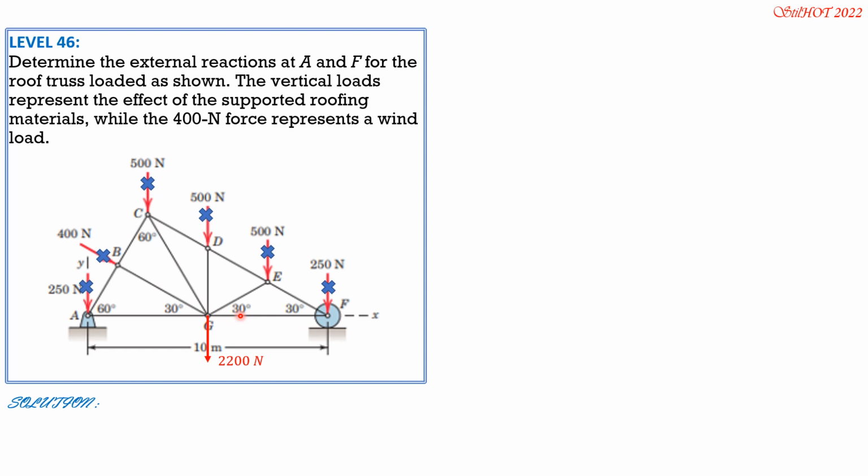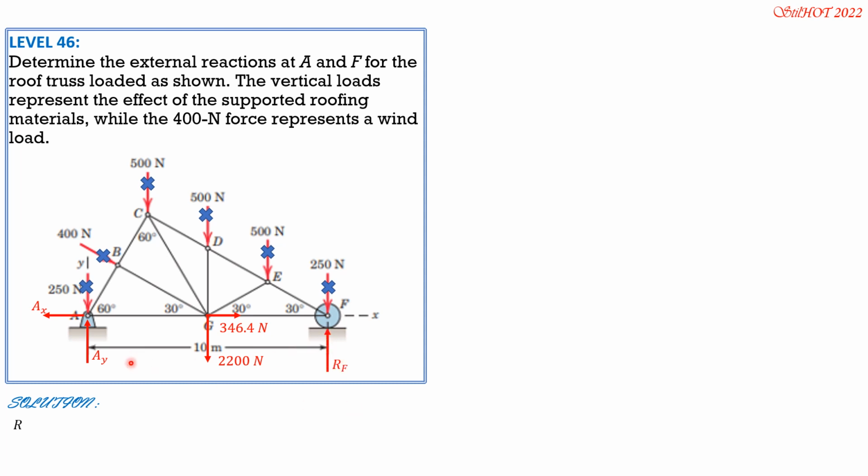The horizontal component of 400 is also shifted along its line of action by the principle of transmissibility of a force at G, horizontally to the right, 400 cosine 30, and that is 346.4 newtons. Then let's put the component reactions at A, leftward and upward, and at F, upward.